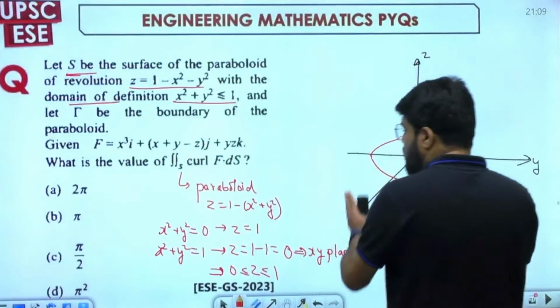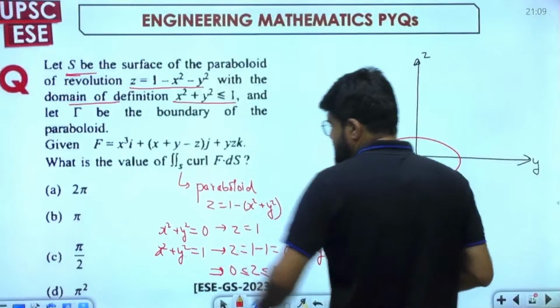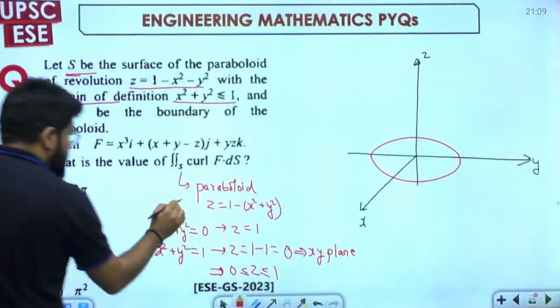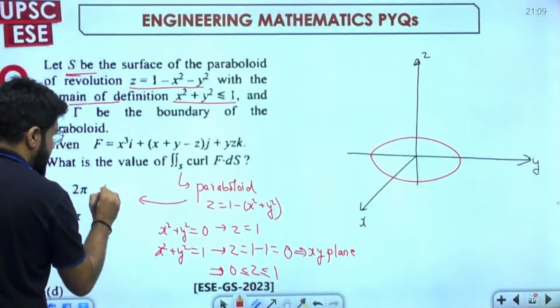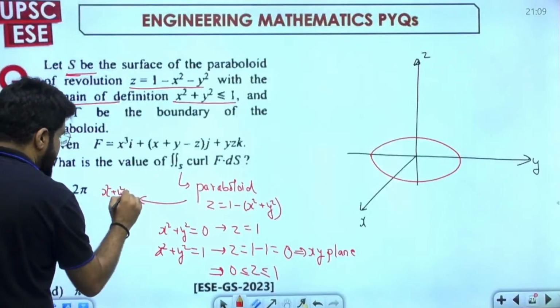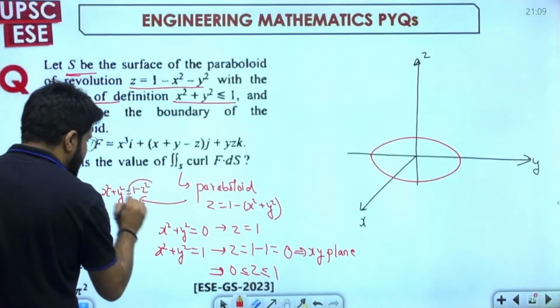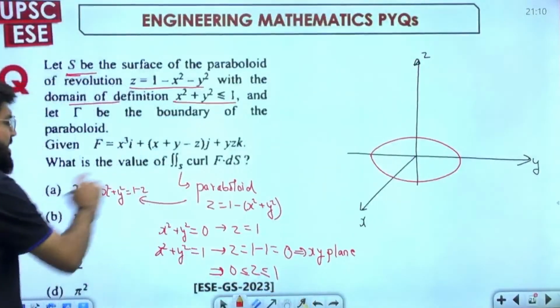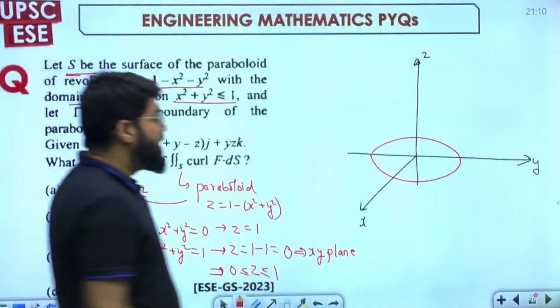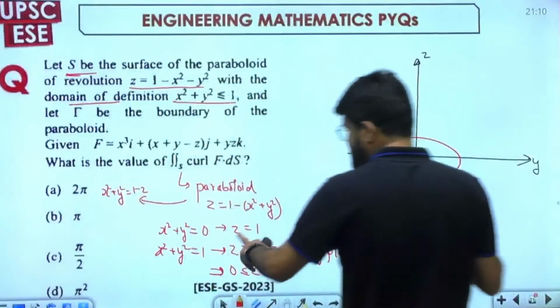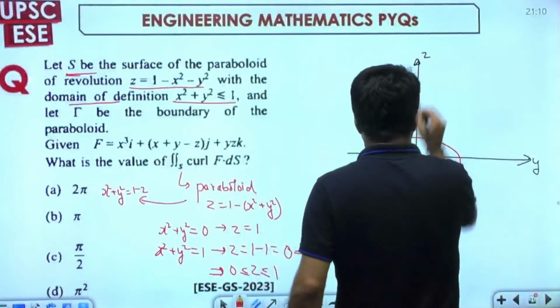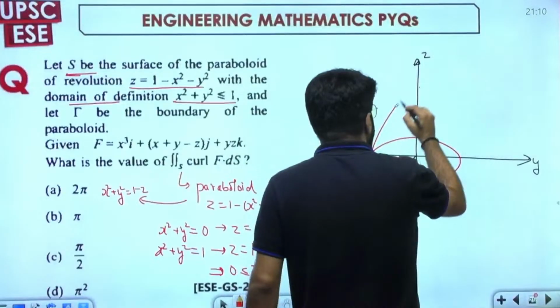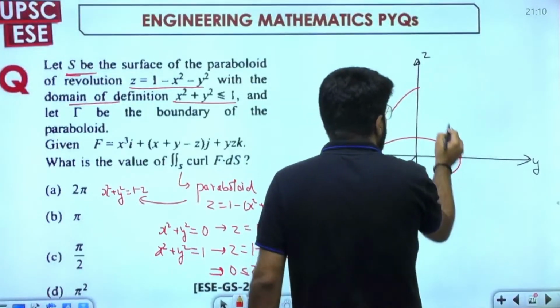And then as you go above, you can also read this equation this way: x square plus y square equal to 1 minus z, which is like r square equal to 1 minus z. So the radius will keep changing as per z. If you go above along the z axis and reach z equal to 1, the radius becomes 0. So that is how a paraboloid will be constructed.